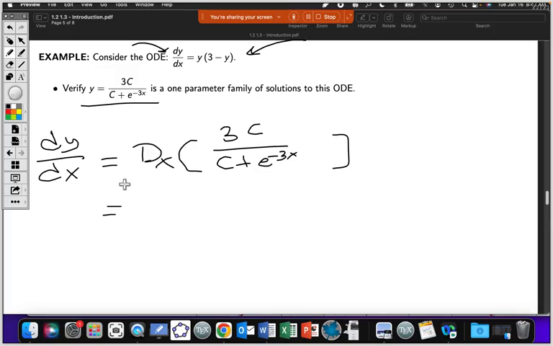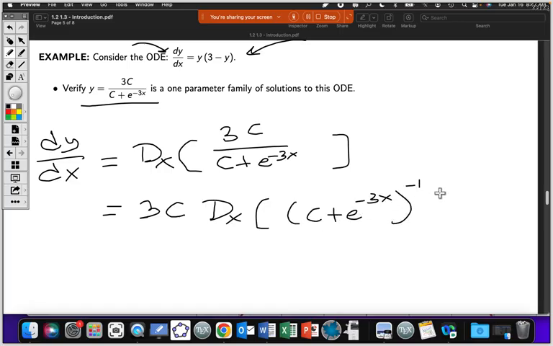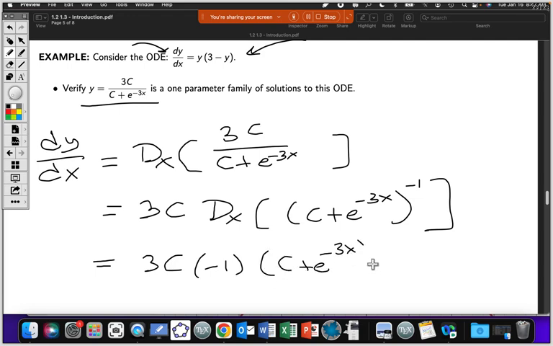Yeah, we could rewrite this as 3c times the derivative of (c plus e to the minus 3x) all to the minus 1 power. So we can use the constant multiple rule and the power rule here. So this would be 3c, the derivative of something to the minus 1 power, and then chain rule would kick in.